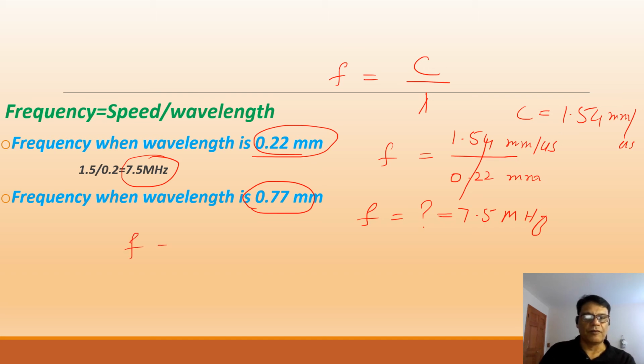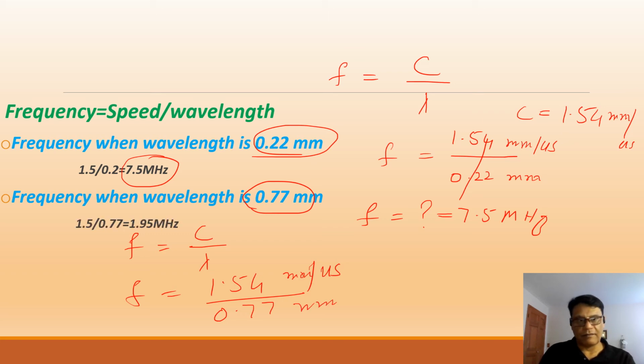The same way, the frequency will be C over lambda: 1.54 millimeter per microsecond divided by the wavelength, 0.77 millimeter. And here is your answer. Almost 2 megahertz will be the frequency.